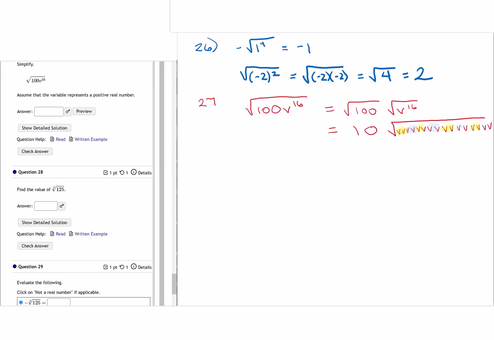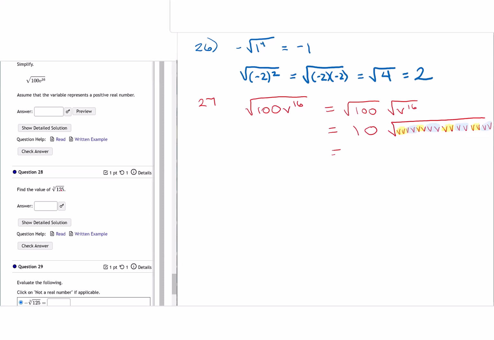If I count these up, I have 8. Well, that makes sense because I had 16, I divide 16 by 2, I get 8.